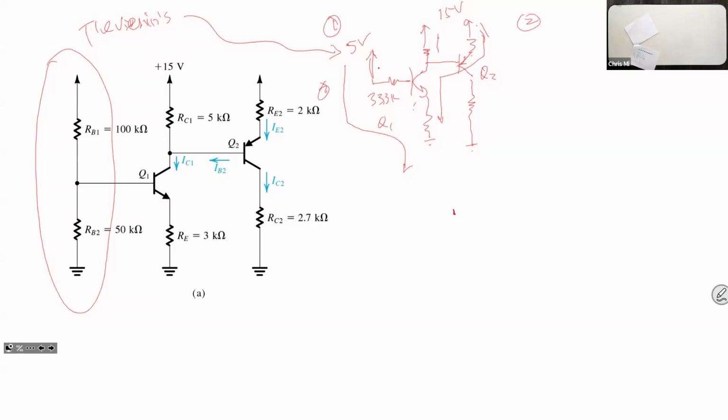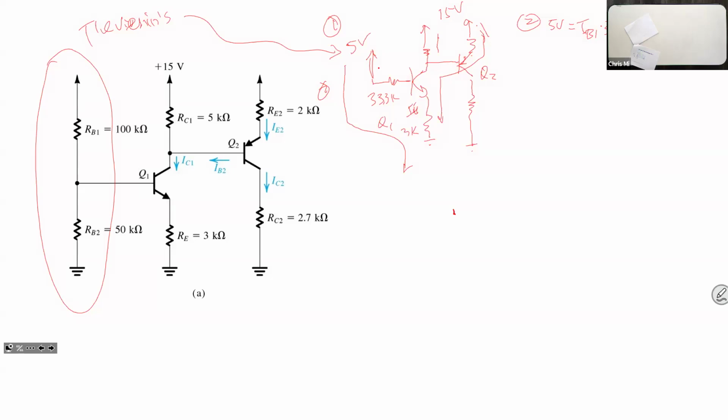So from 2, if we write that loop equation, it will be 5 volts equal to IB1 times that 3.3K plus 0.7, and then plus this IE1 times 3K. So it's going to be 3K times IE1.